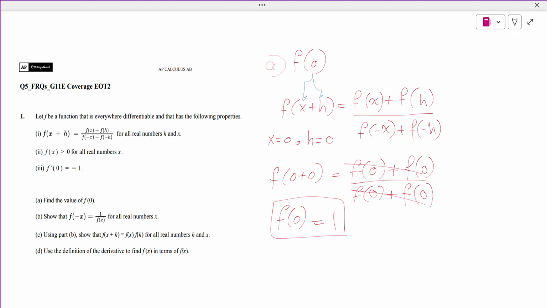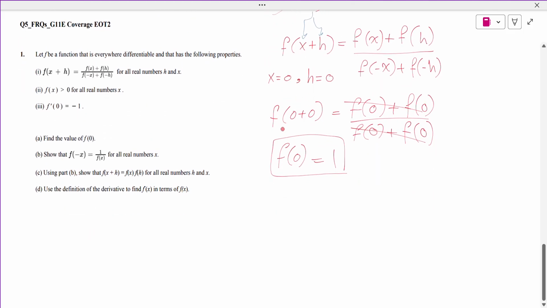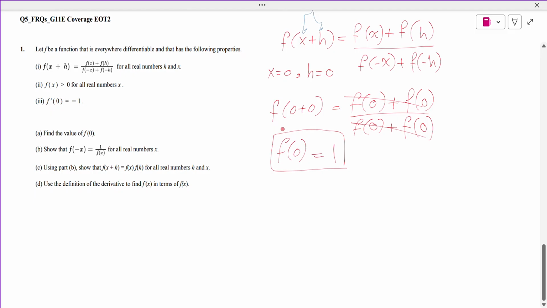So part B says show that f of minus x equals 1 over f of x for all real numbers x.